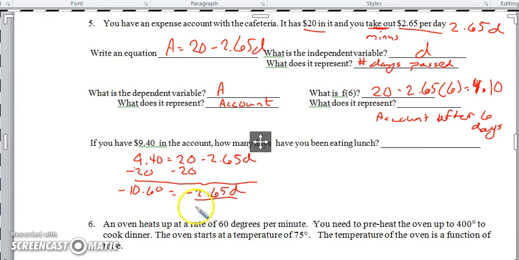Divide by negative 2.65, divide by negative 2.65, and what you'll end up getting is D equals 4. 4 days have passed in order for the account to get that low. So D equals 4.